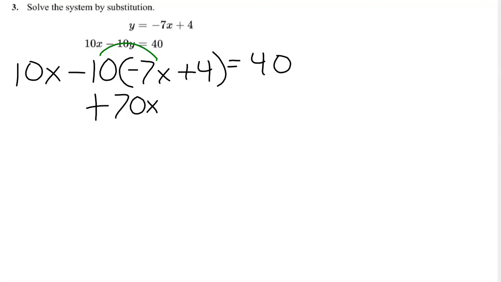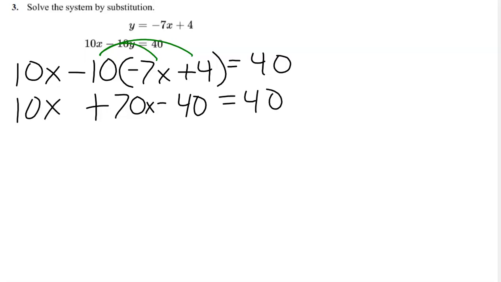Okay, I'm going to distribute the second time. Negative times a positive, which is a negative. And then 10 times 4, which is 40. And now I'm going to bring everything else down.